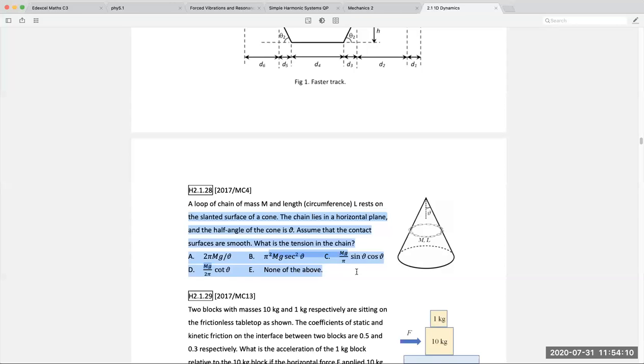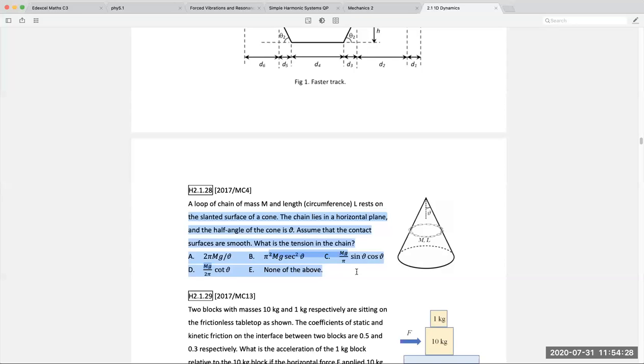So do you have any idea to do this question? If no idea, that's fine. So then let's do it together.